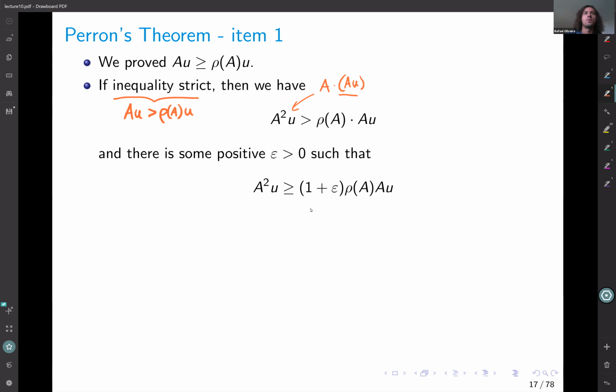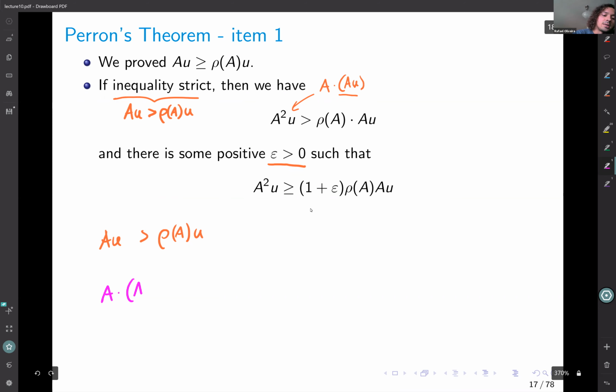So now we can use the positivity lemma to show that there is some positive epsilon such that A squared times u... Because here's the thing: we have that Au is a vector, and this is bigger than rho of A times u. Now the inequality that we have here, once we multiply by A, this means what?